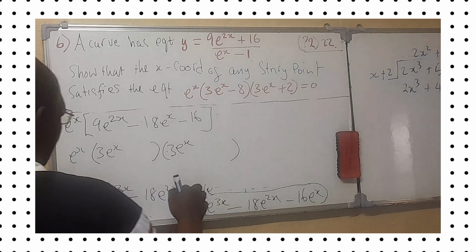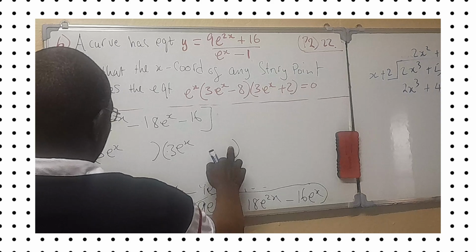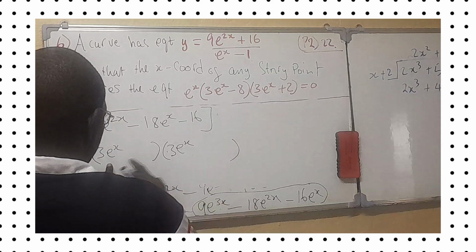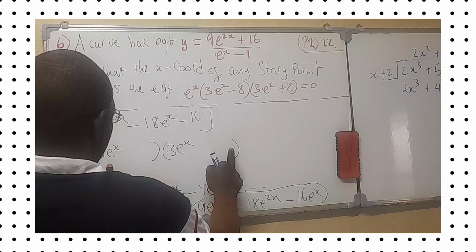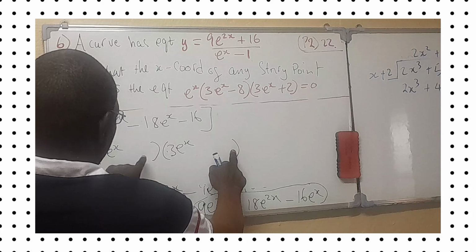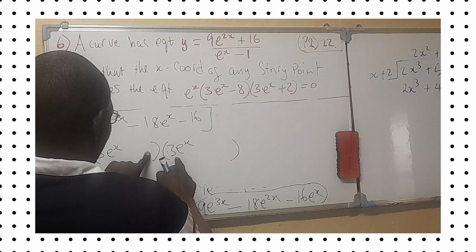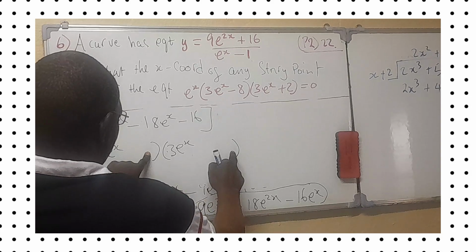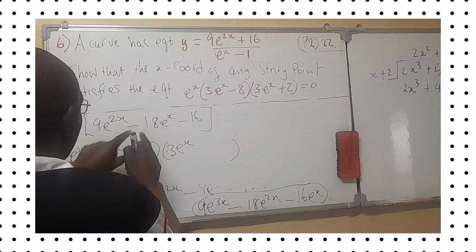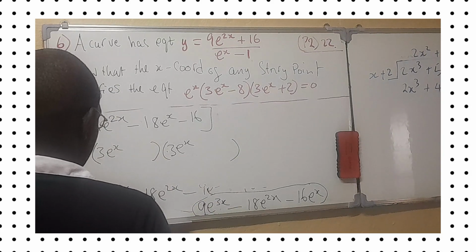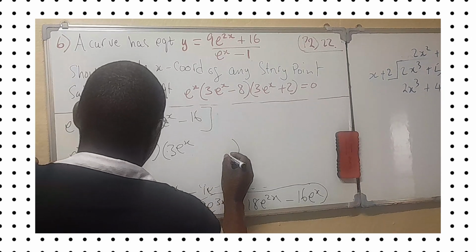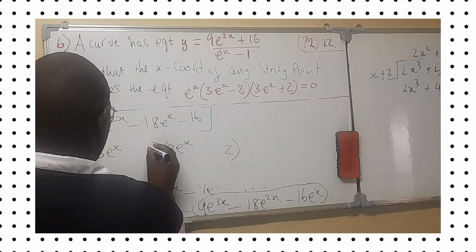Remember, if I put a 2 here, I'll get a 6e to the power x. Once I have a 2 here, I must have an 8 here. So 8 times 3 is 24 and a 6 will combine to give me an 18. So let me put a 2 here and an 8 here.